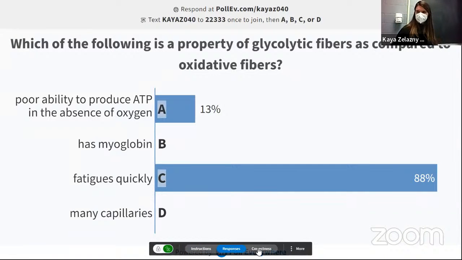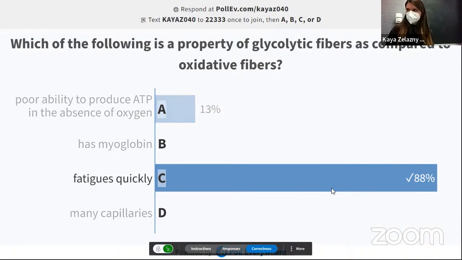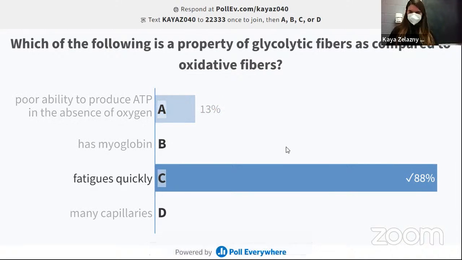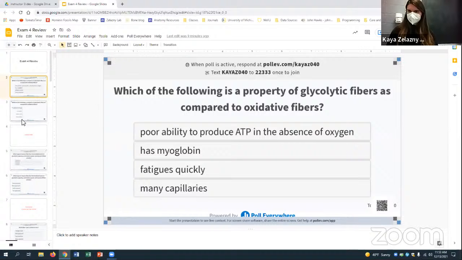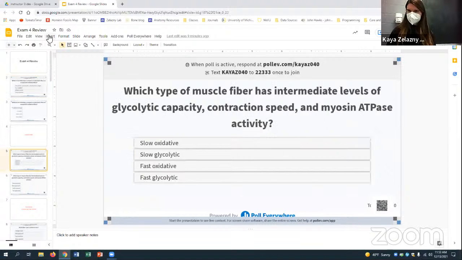Great. Our glycolytic fibers fatigue quickly, while our oxidative fibers, because they can use oxidative phosphorylation and the electron transport chain, fatigue slowly.